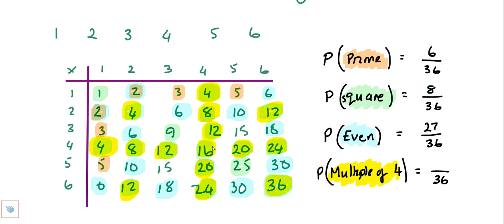Don't count the 16 twice. So we've got 1, 2, 3, 4, 5, 6, 7, 8, 9, 10, 11, 12, 13, 14, 15. Alright. Okay. I'm happy now.